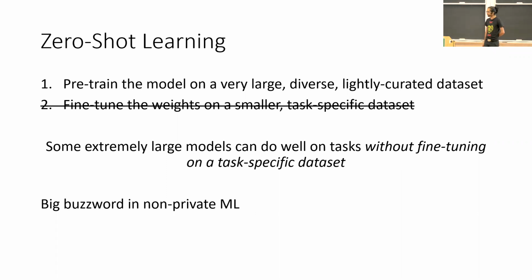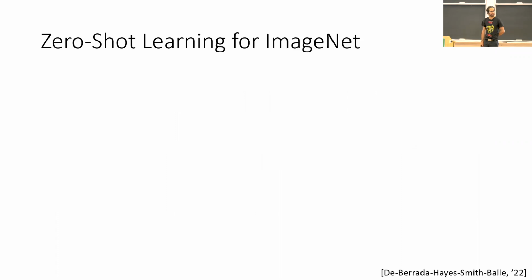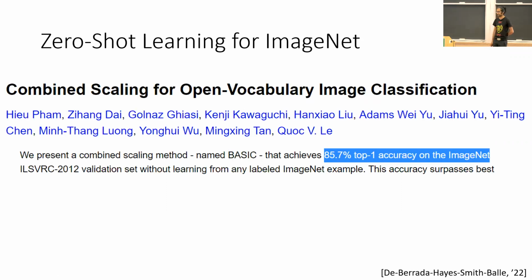and people are excited about it. And so my claim is that the state of the art that I claimed two slides ago on ImageNet is not the state of the art if you consider this paradigm, because here is a paper by some non-private ML people. Quoc Le runs the group at Google, which does very, very large-scale machine learning. This is a portion of their abstract.